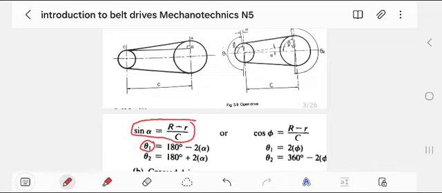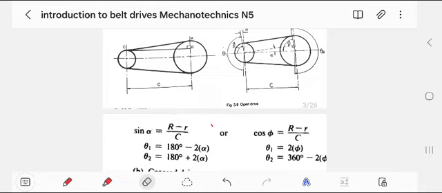After getting this value, theta 1 is equal to 180 minus 2 phi. That is how we get the phi. The angle phi you get from this equation, then you substitute it there, depending on what you want.